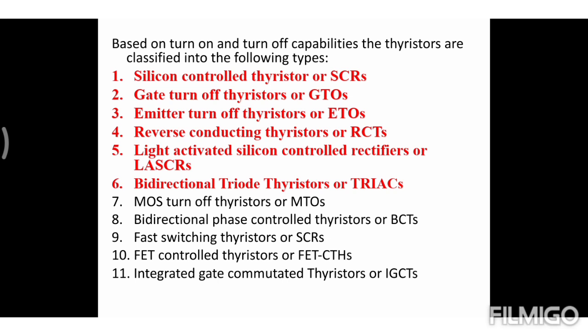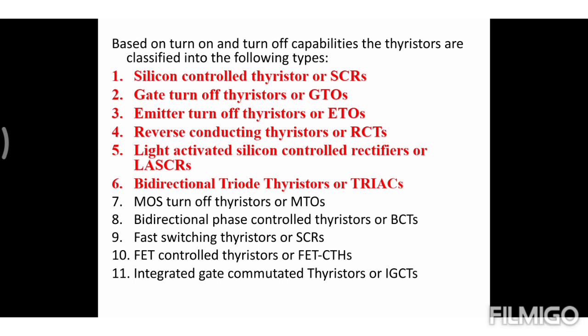Let us see what the different types of thyristors are. First one is the silicon controlled thyristor, that means SCR, and second one is the gate turn off thyristor or GTO. Third one is the emitter turn off thyristor or ETO.